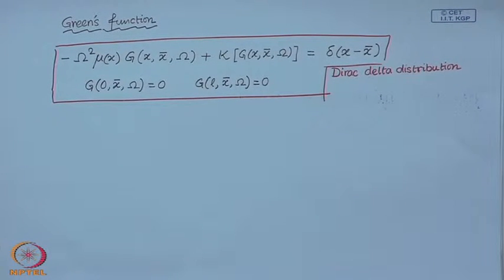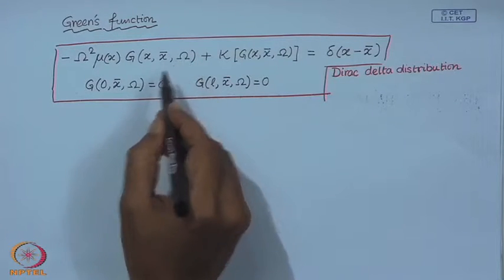So, which means that Green's function is the solution of a one dimensional continuous system, what we are discussing at present, when you apply a harmonic concentrated forcing of frequency capital omega applied at the location x equal to x bar.